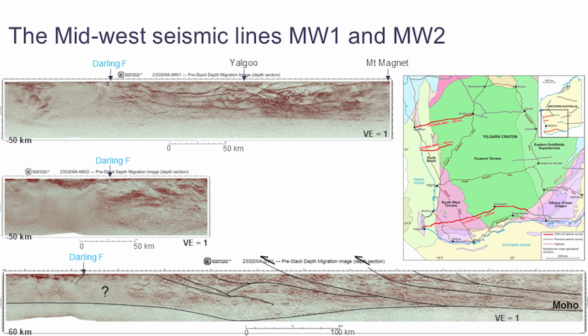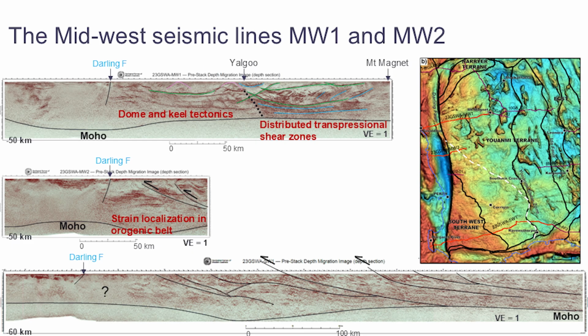While to the east of the Yilgarn Dome the geology is quite different, and it's marked by, so this is Yilgarn in through here and then going towards Magnet towards the west, and the east of Yilgarn will be all dominated by these distributed high strain zones, transpressional high strain zones. So on either side of the Yilgarn Dome, we've got a very, very different signature that is really well imaged in the seismic data.